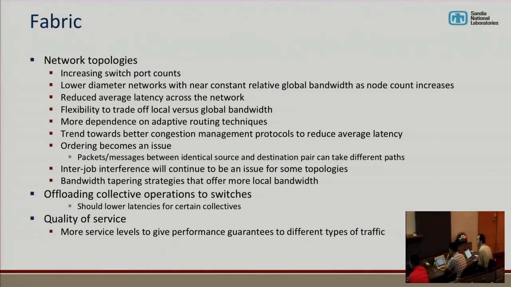When you have the application wanting to make decisions about how to make the topology efficient, the job scheduler wanting to make decisions about how to make things more efficient, and the network hardware trying to make things more efficient, you end up in a situation where somebody's made decisions about how to make things efficient, and nobody knows who made the decision.